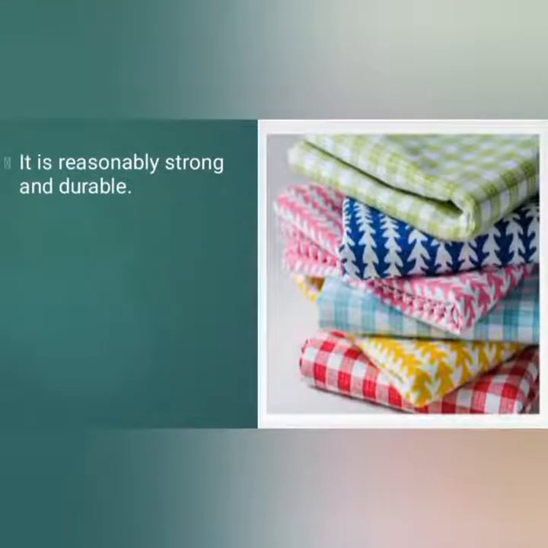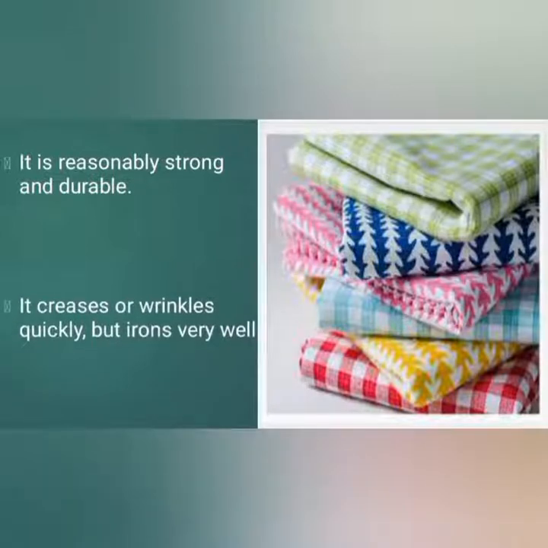It is reasonably strong and durable. It lasts long. It's a good fabric. It's strong and doesn't tear easily, and it will last long. It creases or wrinkles but irons very well.